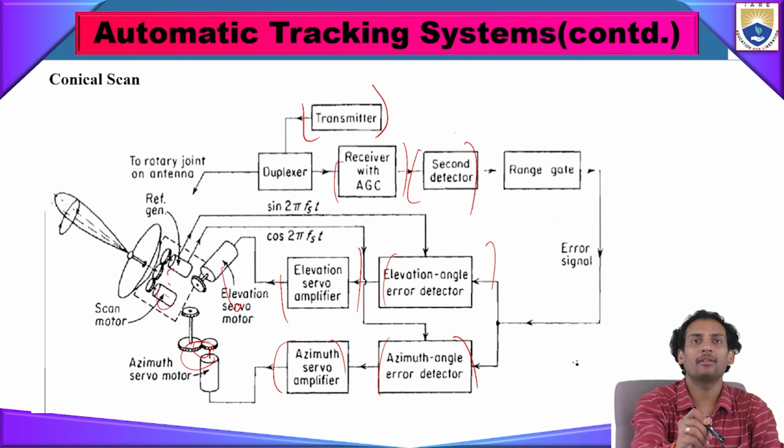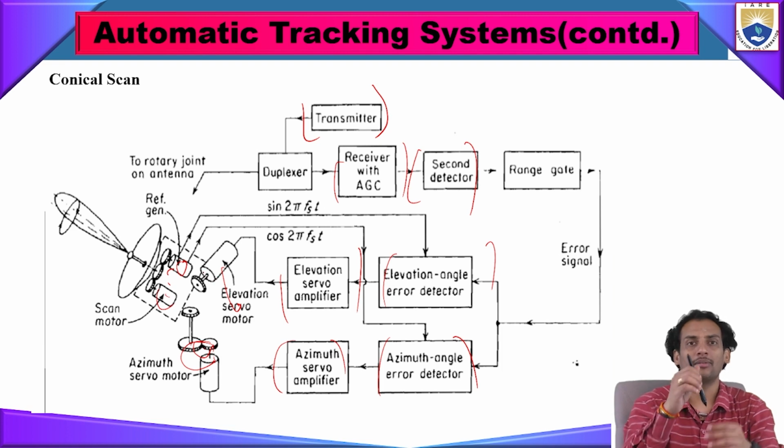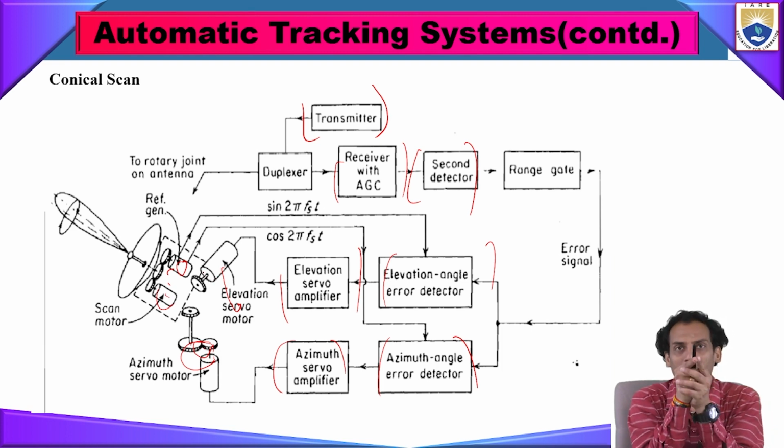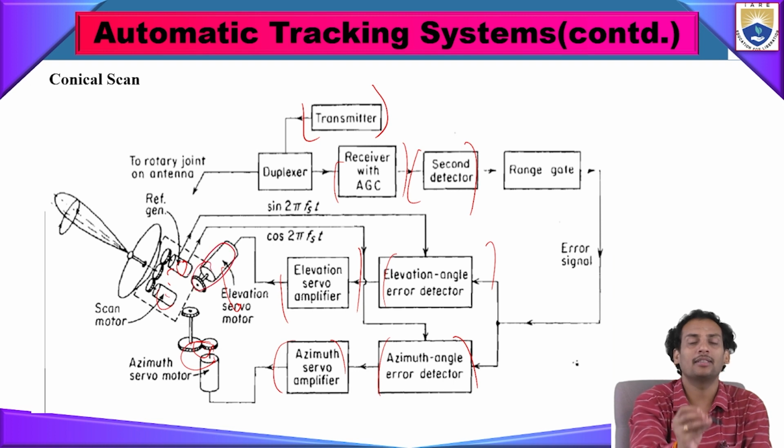While rotating with these motors, it will aim at the levels, like the azimuth angle, and the elevation will also be set automatically with these servo motors.